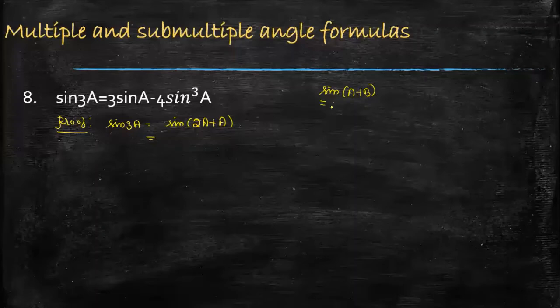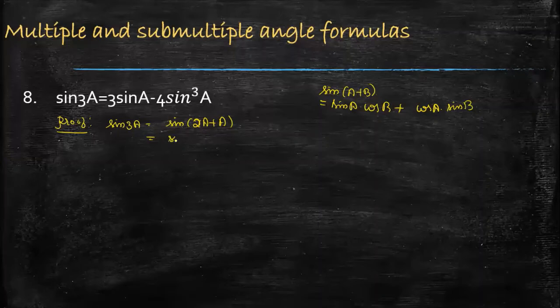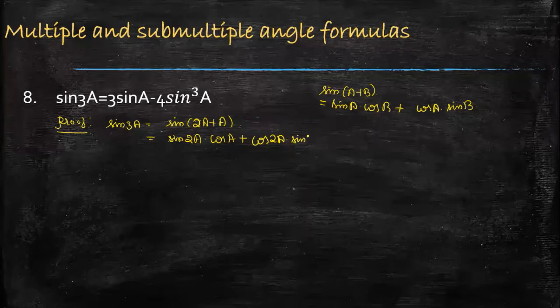Sin a plus b is sin a into cos b plus cos a into sin b. So here if I apply sin of first angle, cos of second angle plus cos of first angle into sin of second angle.